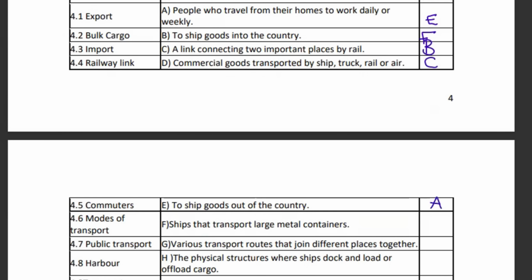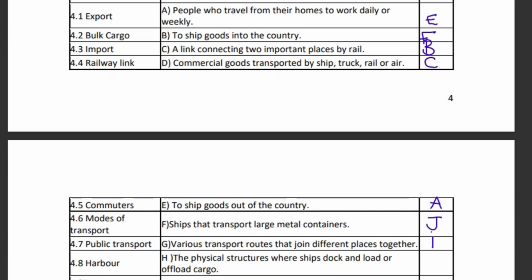Then we have modes of transport. It's J, the way in which things are transported. Then public transport goes to I, which is transport used by the public.